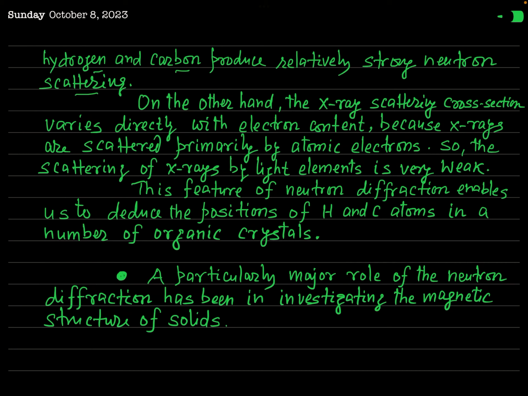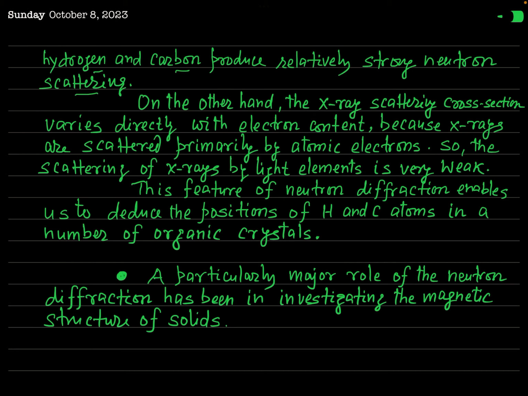So even the lighter elements like hydrogen and carbon produce effective diffraction of neutron beams, okay. And that's why to locate the position of hydrogen and carbon, neutron diffraction is used, particularly in organic compounds in which hydrogen and carbon are definitely present.